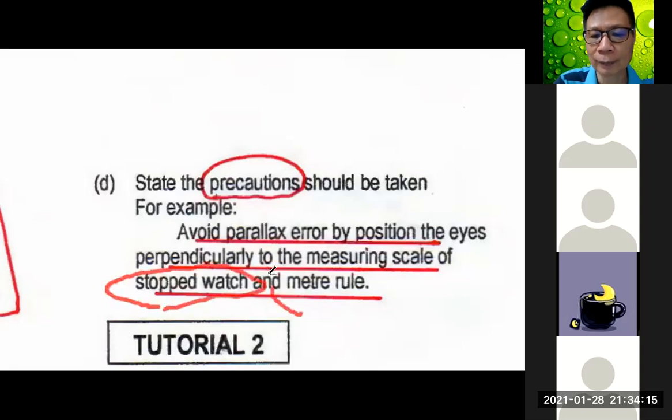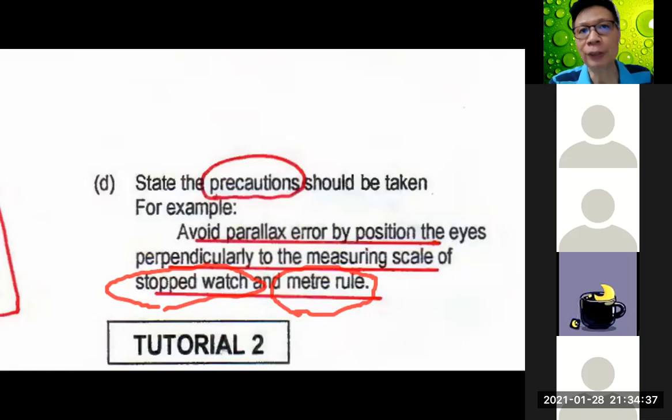Everything can be the same except stopwatch and meter rule. This depends on what experiment you are talking about. Not all the experiments use stopwatch or meter rule. Some experiments use thermometer, correct not? Some use vernier caliper. Vernier caliper you learned in lower form already, right?